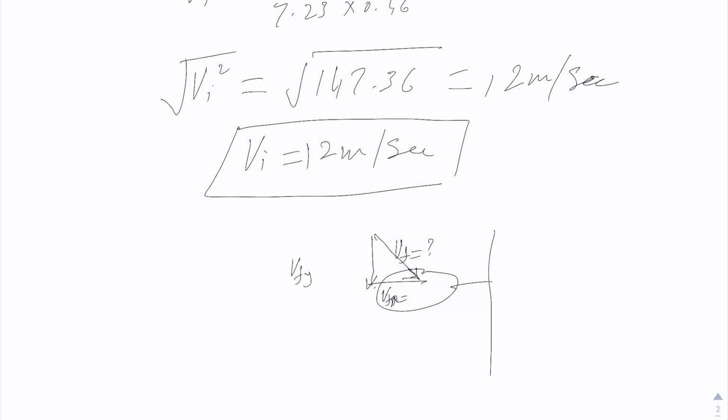So that is 0.68 times the initial velocity we have calculated, 12 meters per second. So the x component of the final velocity we have is 8.18.